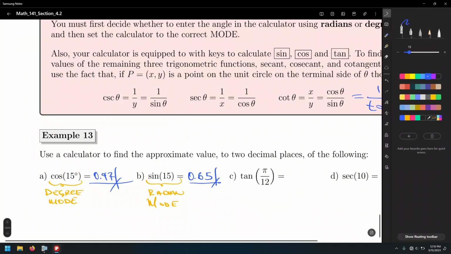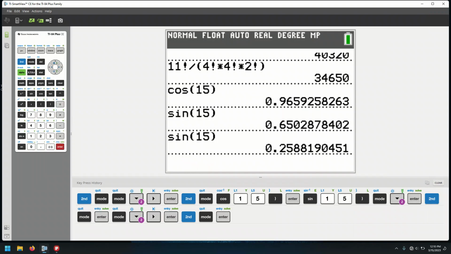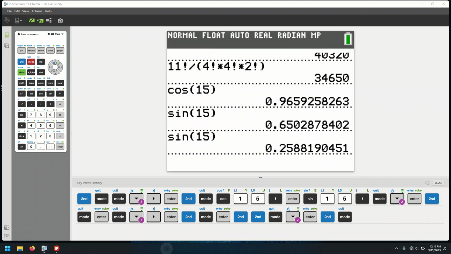What's next? Tangent of pi over 12. Do you see the degree symbol? So this has to be in radian mode. That means that's tangent. First, let me go to mode, radian, and second quit.